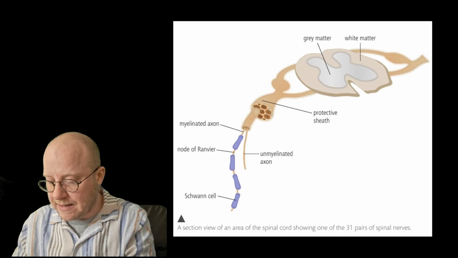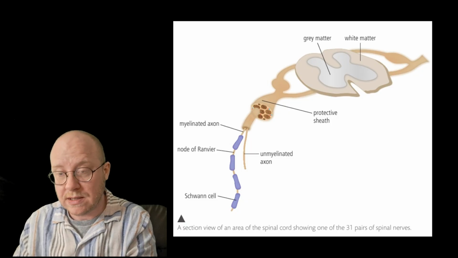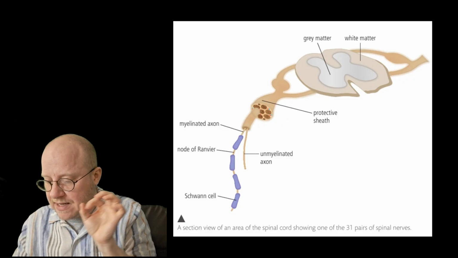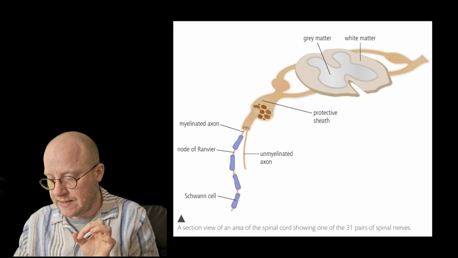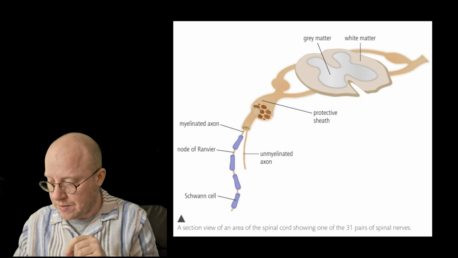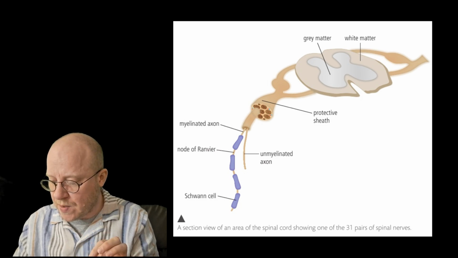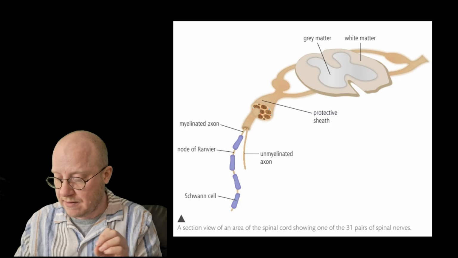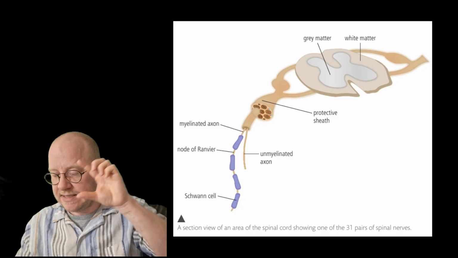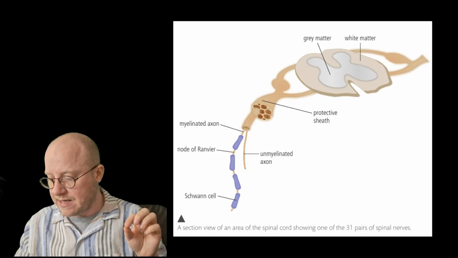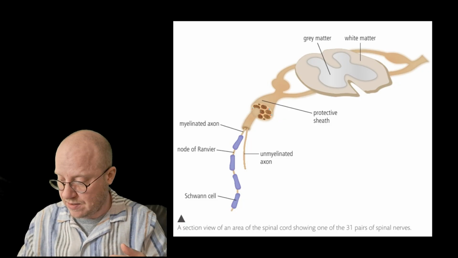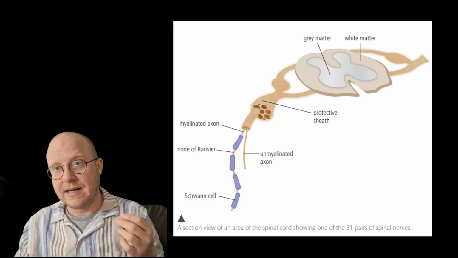Those that are myelinated have cells called Schwann cells wrapped around their axon, and the intervening areas where there are no Schwann cells, those gaps, we discussed this in C3.1.6, the areas between the Schwann cells are called nodes of Ranvier. The action potentials of myelinated axons are able to skip from one node of Ranvier to the next, making transmission of the action potential much faster compared to unmyelinated axons.